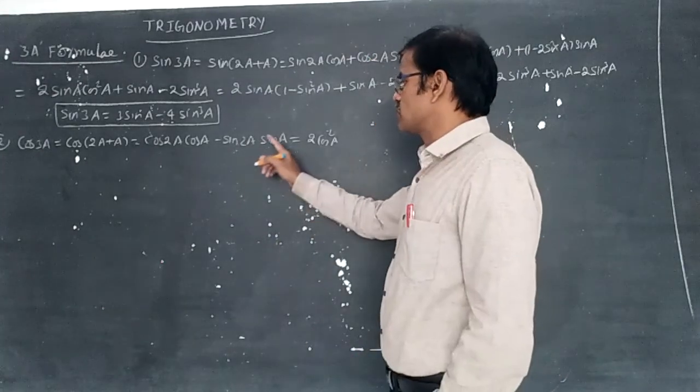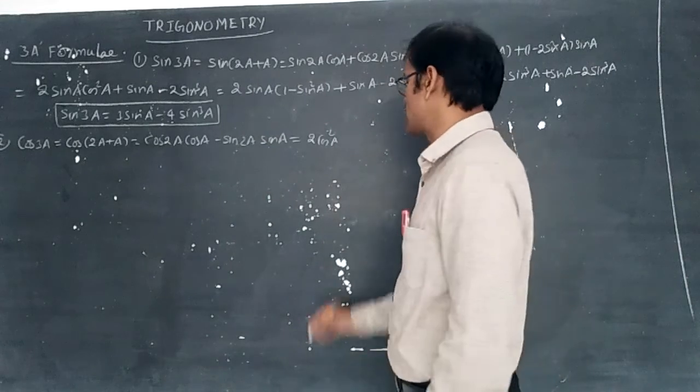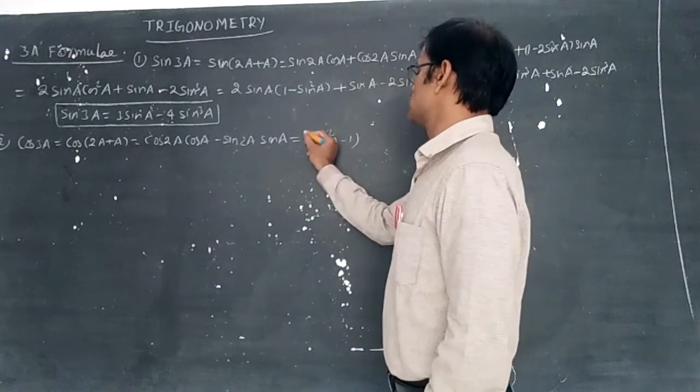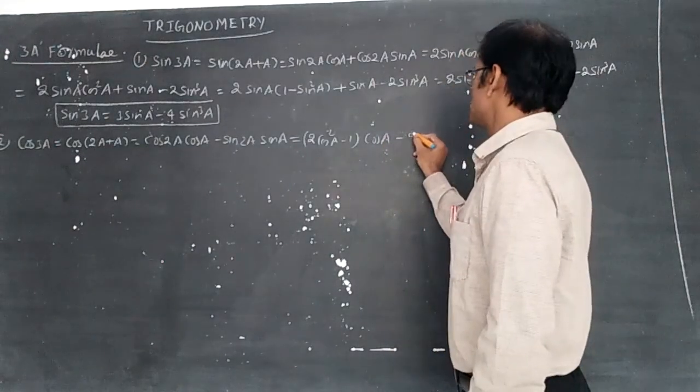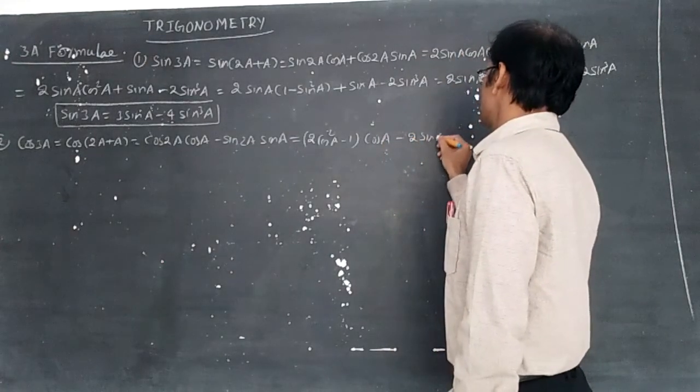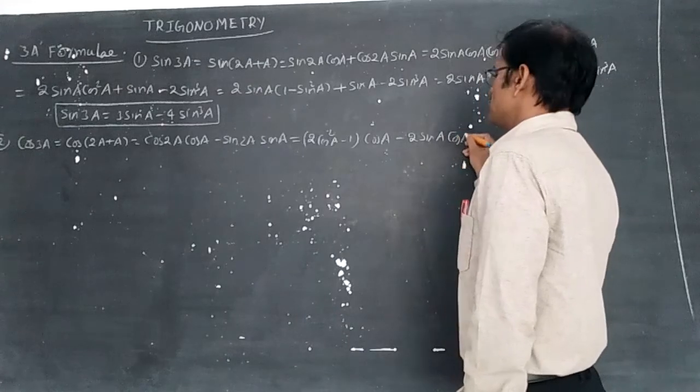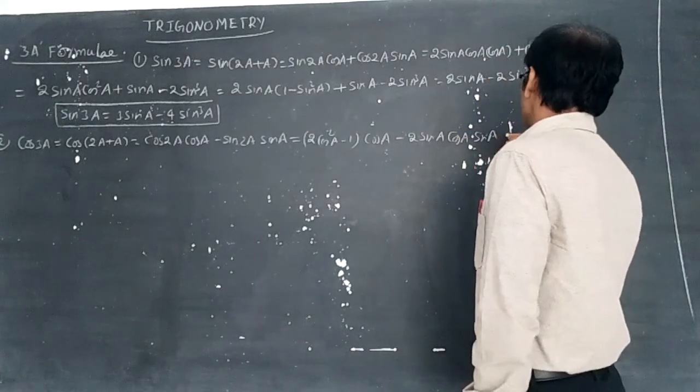So every term can be converted to a cos term. 2 cos square A minus 1 into cos A, minus sin 2A formula, you write 2 sin A cos A, into here sin A.